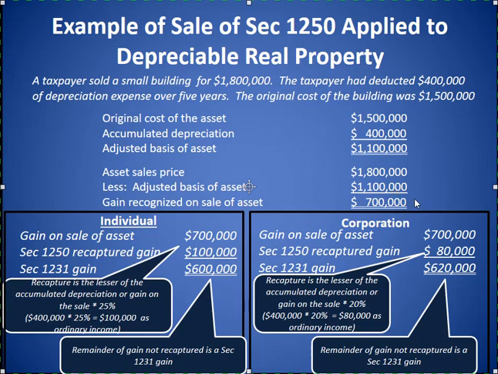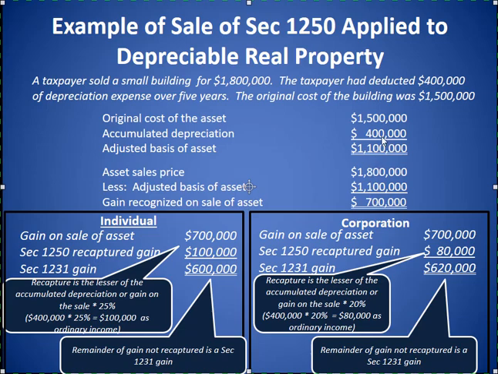So the question is how do we characterize the gain on the sale of the asset? Under the Section 1250 rule, let's go with non-corporations first. The recapture is the lesser of the accumulated depreciation or the gain on the sale. So the lesser would be the accumulated depreciation of $400,000, and our gain would be $700,000.